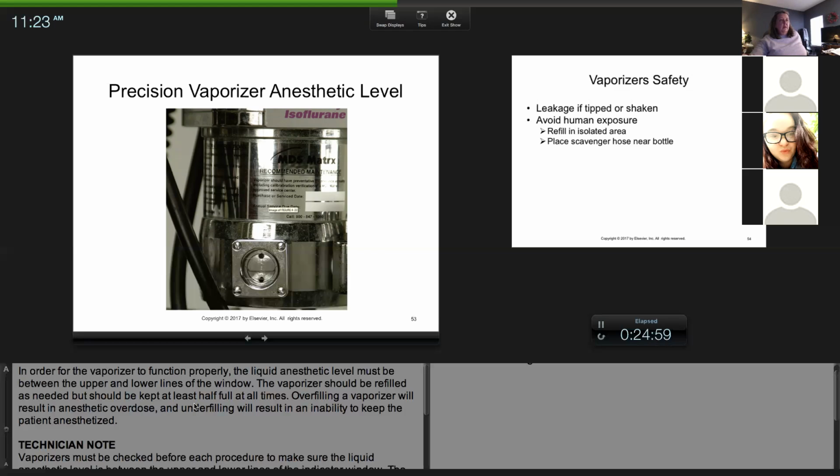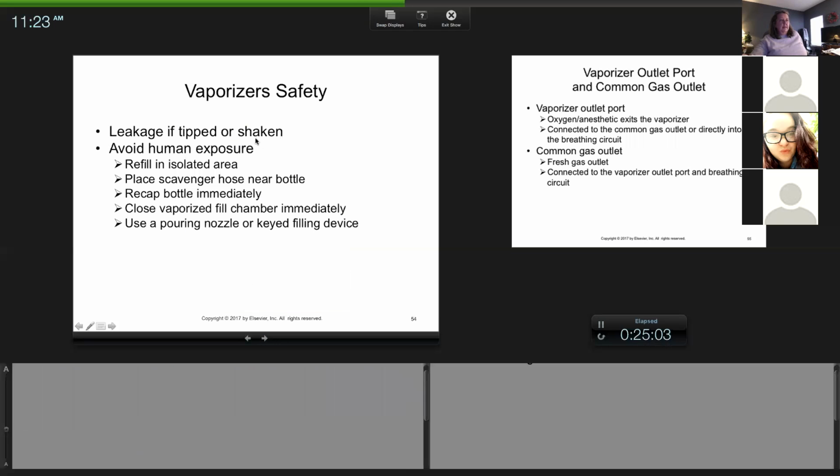One thing also to be aware of is that it can get leakage if it gets shaken too much or tipped over. And I can't stress this enough, a lot of times you will roll an anesthetic machine to different rooms. I've done it in surgery. Sometimes I roll it into a classroom and I bring it back into surgery.